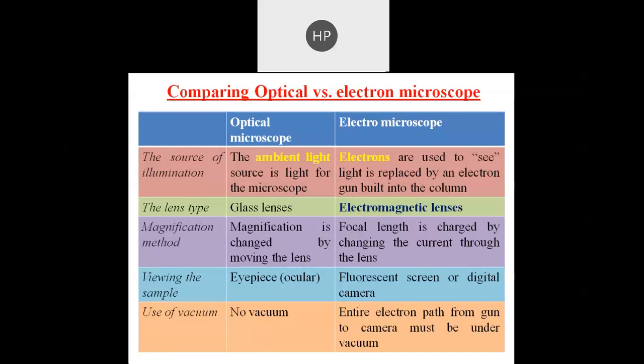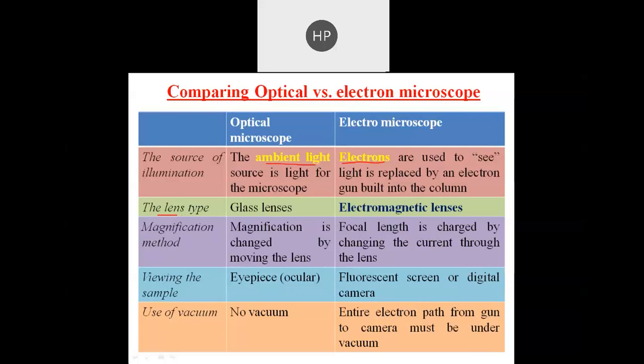Then we have discussed the comparison between optical microscope and electron microscope. In optical microscope, the source of illumination is light, while here electrons are used instead of light to generate an image.